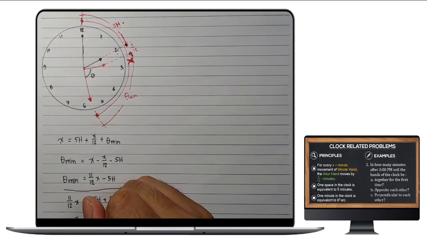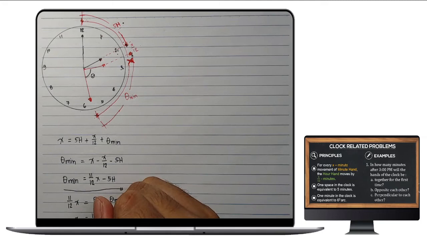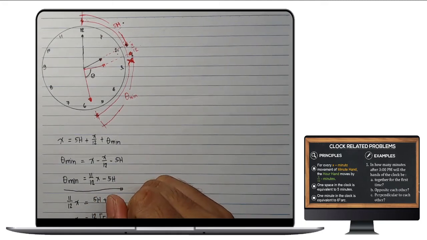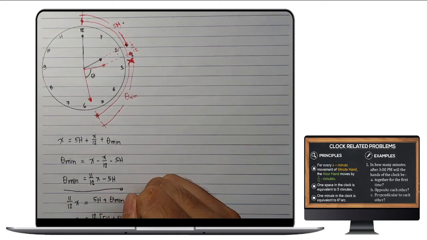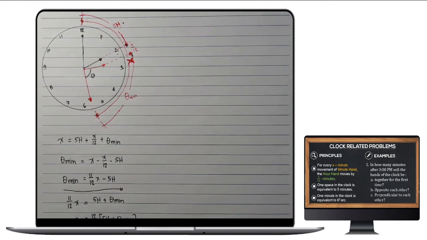So our x is 12 over 11 multiplied by 5h plus theta in minutes. Okay? So, pwedeng ganan. So, our x is x in minutes.